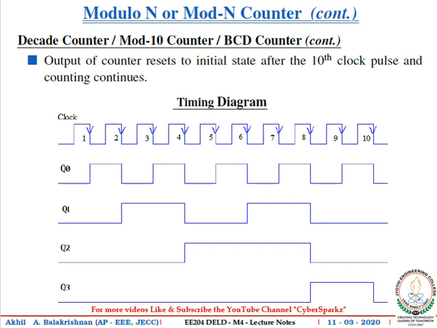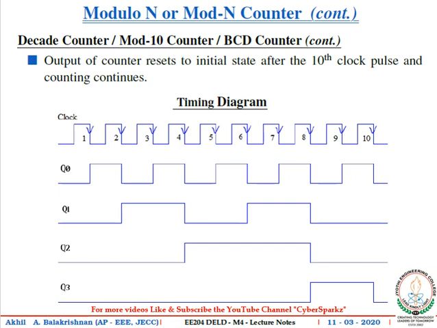Here you have to note one important feature of the asynchronous flip-flop. Since we have given the clock signal to the first flip-flop, it will change its state for every clock pulse. Since the second flip-flop is receiving the output of the first flip-flop as its clock, it will change its state for every 2 clock pulses.